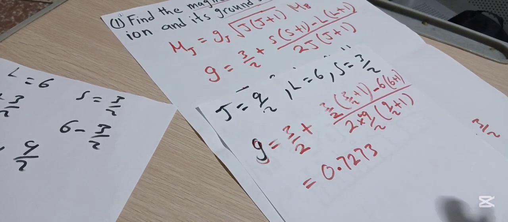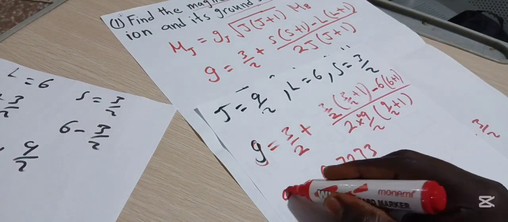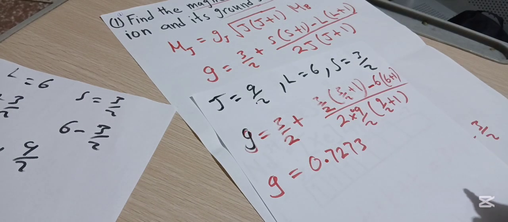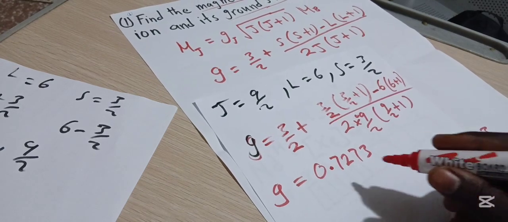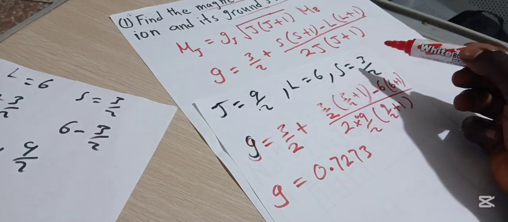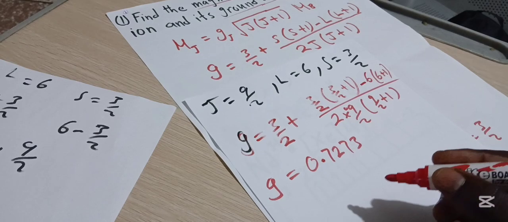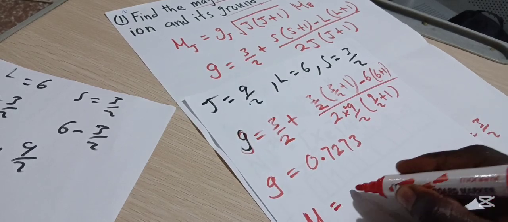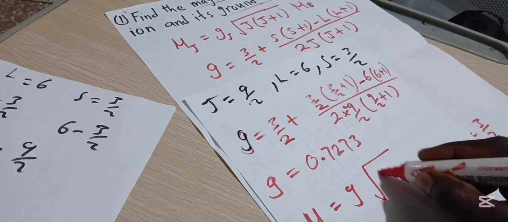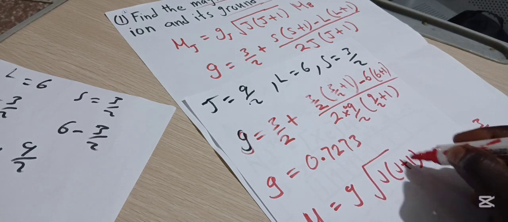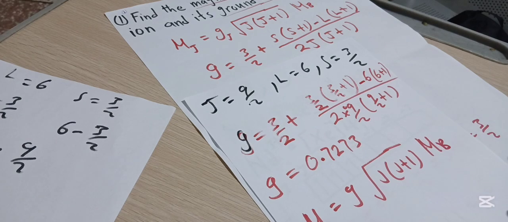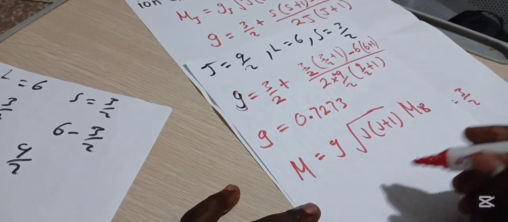Now that we know the value for our g, we can go ahead and calculate our magnetic moment for the Nd3+ ion. So we know our g, we know our J, we know our L, we know our S. So magnetic moment is going to give us g root of J(J plus 1) Bohr magneton. Now let's substitute the values in.